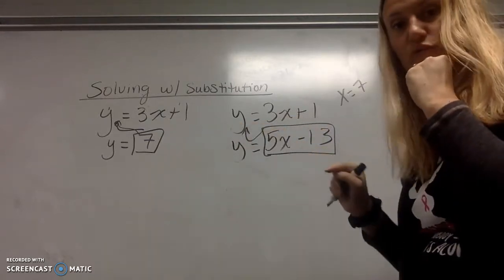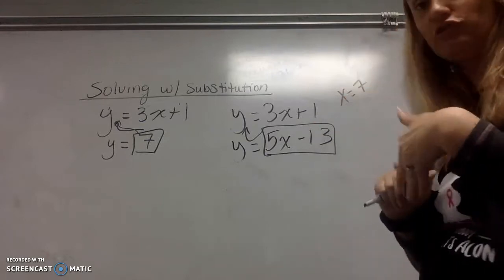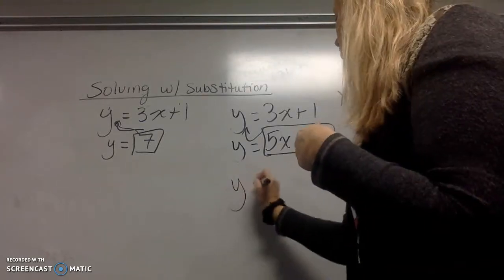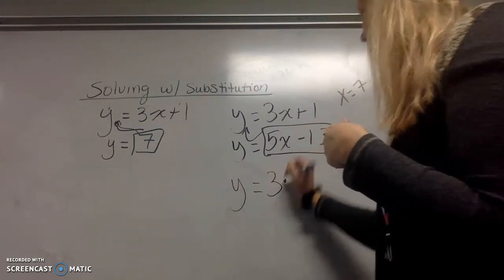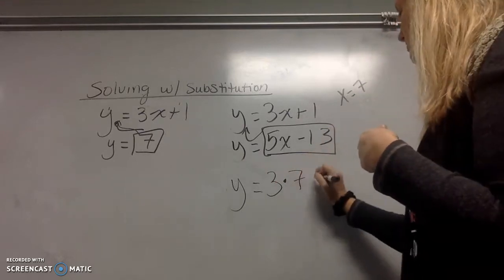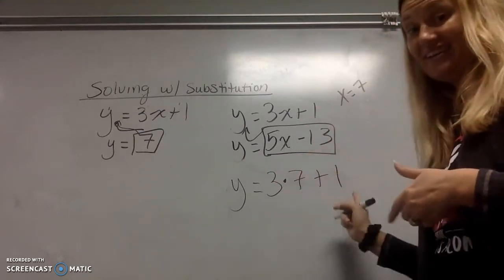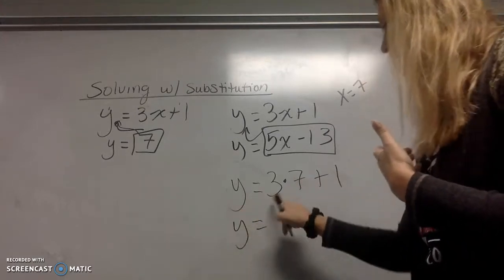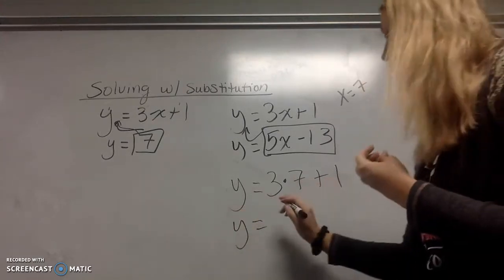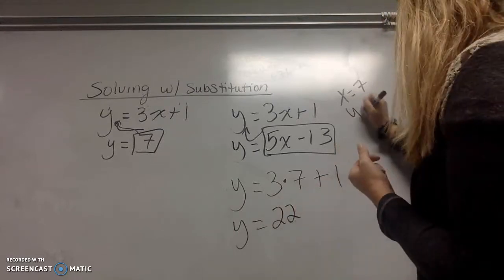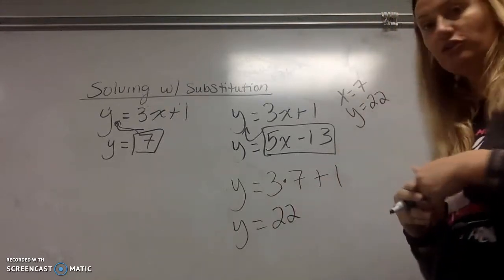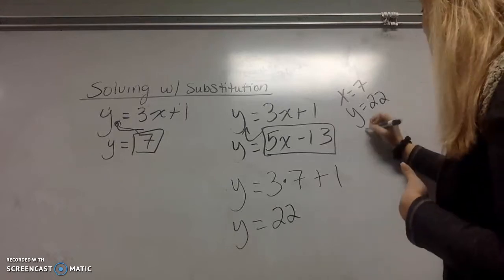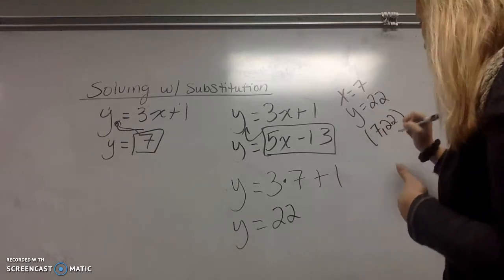It doesn't matter which one I choose. I'm going to go ahead and choose the top one. So I know that y is equal to 3 times 7 plus 1. This is pretty simple. I don't even have to solve. I just have to do the math. 3 times 7 is 21, plus 1 is 22. So y equals 22. So this would cross at the coordinate point (7, 22) if I graphed it.